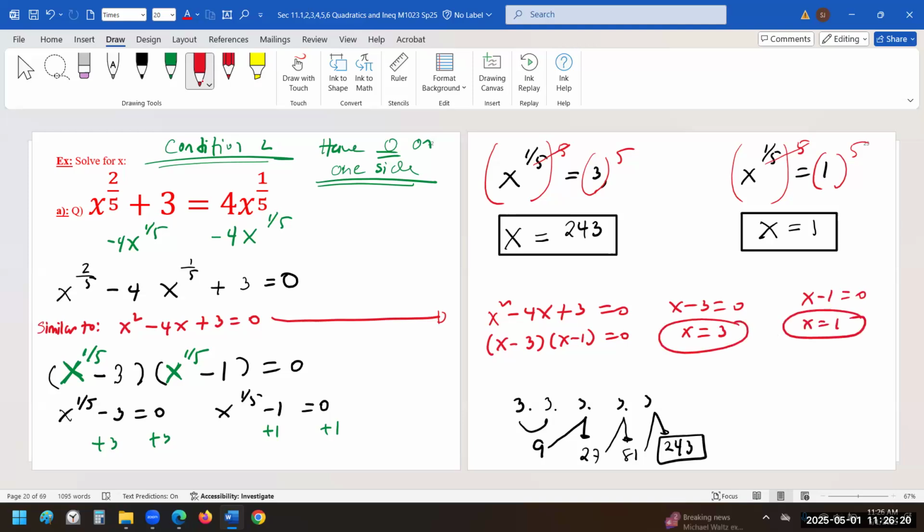So see, if you had only x squared, we split this x squared into 2 pieces, x and x. So x times x gives us x squared. And 3 times 1 gives us 3. So we split the 3 and we split the x squared. And then we set each factor equal to 0, and we solve for x. When you solve for x, we are done because x is already alone.